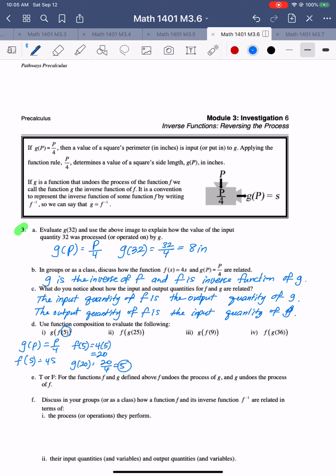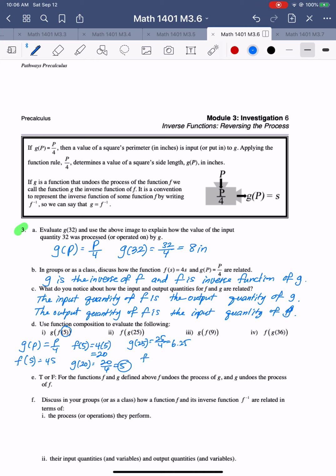Don't you see it, you put in 5 and it comes out as 5 because the two functions are inverses. Okay, we'll do it again here. So now with the g function, 25 is the input. So we put 25 in the g function, 25 over 4, which is 6.25.